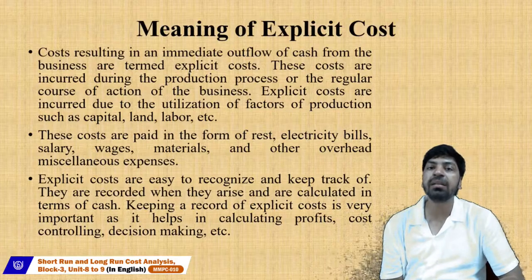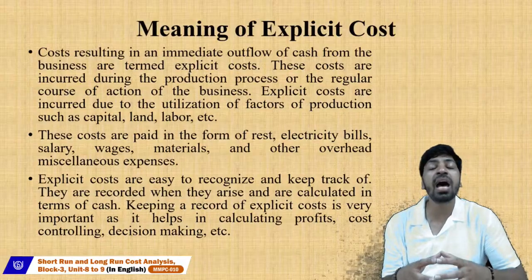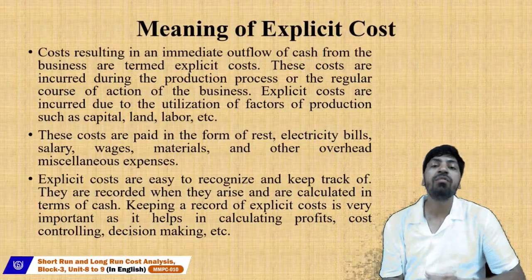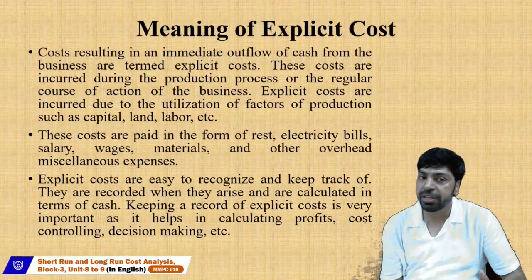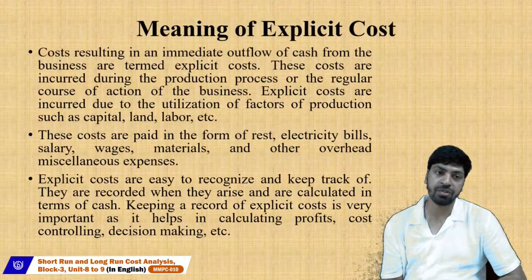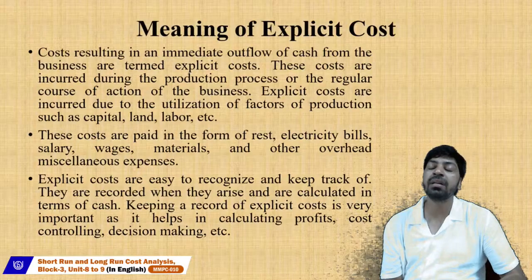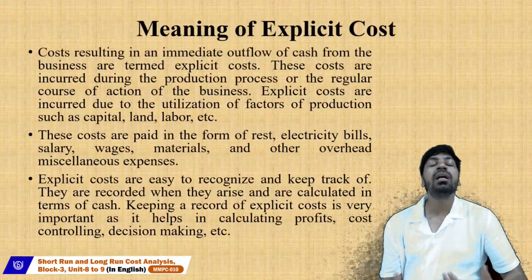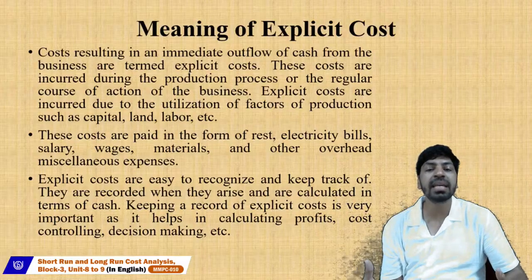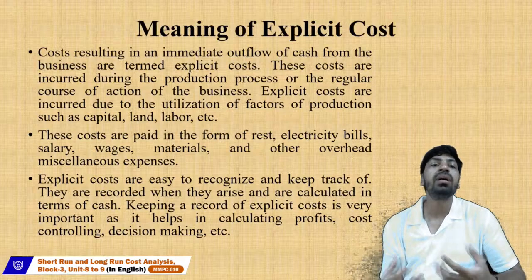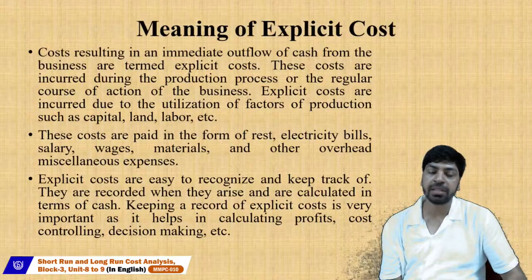Explicit costs are incurred due to the full utilization of all those factors of production which are used for finished products, like capital, land, labor, technology, enterprise, etc. These costs are paid in the form of electricity, rent, salary, wages, materials, and all other miscellaneous expenses, so that a particular product can come up in the market.